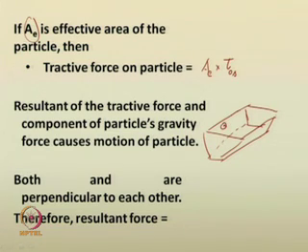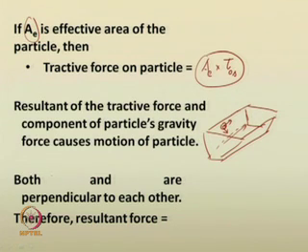Here, if water is flowing in this direction, then there is the tractive force A e into tau 0 s acting in this direction, along the direction of the flow, and there is a component of the gravity force of that material along the bed slope. So, both these forces are actually 90 degrees to each other. You can easily identify a resultant force of these two that can cause the movement of the particle from its present location.